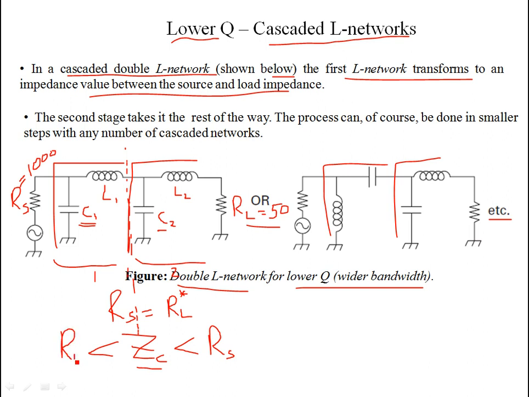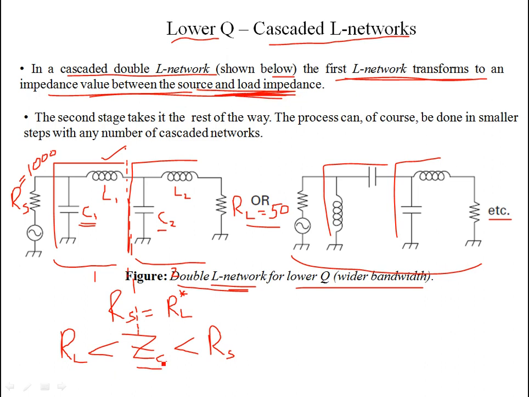So your center impedance for a double L network, like we are looking at this topology, is such that the first L network is transforming to an impedance that is in between the source and the load impedance.